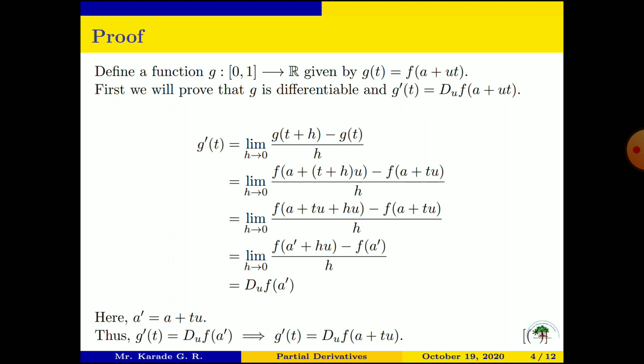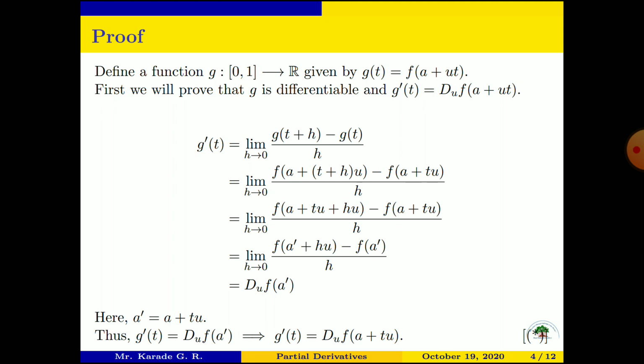First we will prove that g is differentiable and g dash of t is equal to D_u f of a plus ut. That means g dash of t is nothing but the directional derivative of f at point a plus ut in the direction of vector u. Okay, that we will prove.